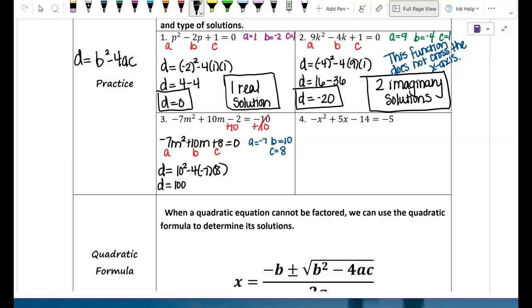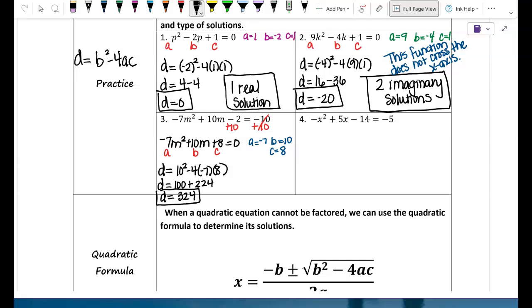What does that come out to equal? Negative 4 times negative 7 times 8. What is it? 224. So 100 plus 224 means our discriminant is going to equal 324.